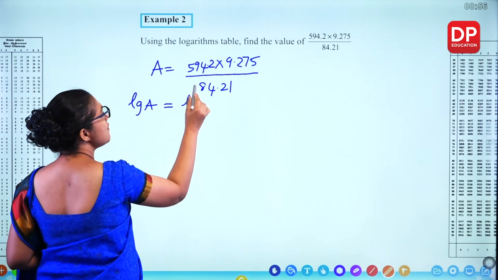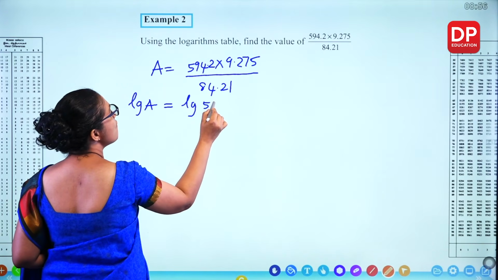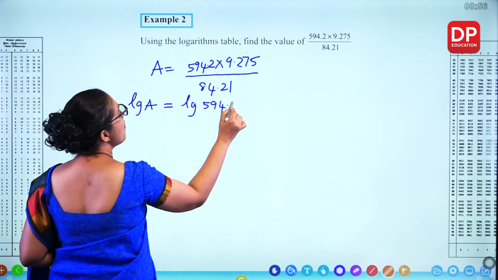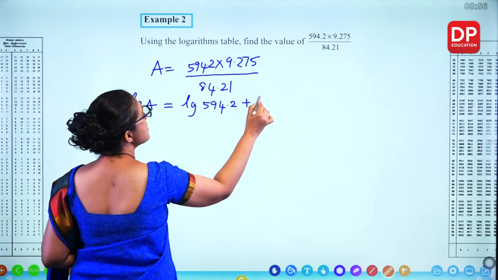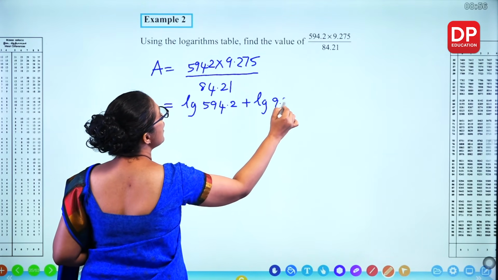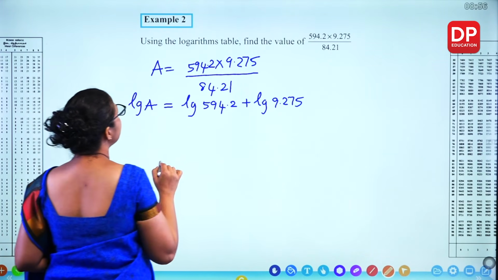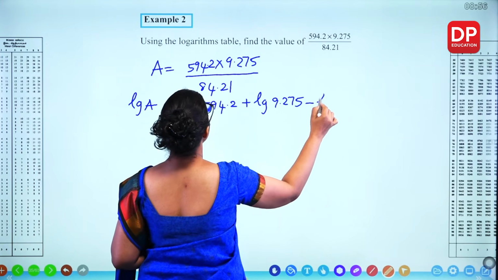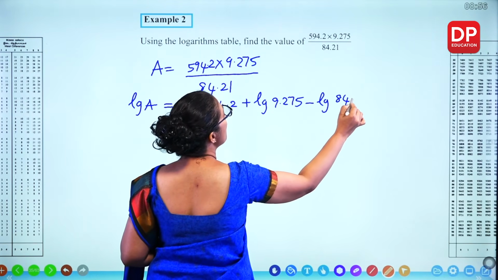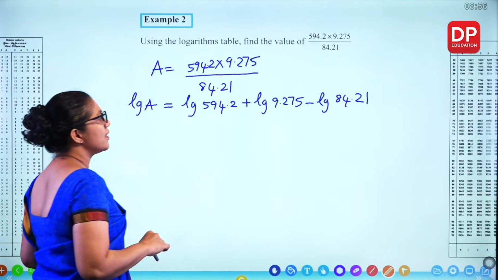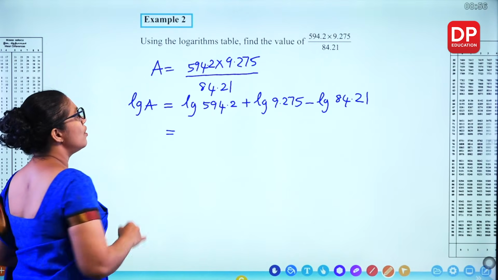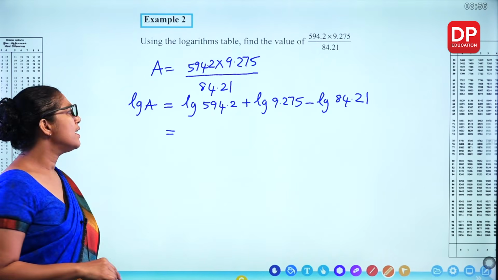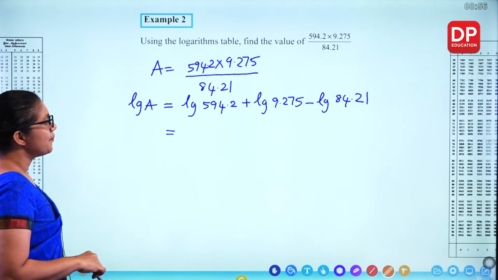So I can straight away write this as LG 594.2 plus LG 9.275 minus LG 84.21. Now look at the table and find out the logarithmic values.